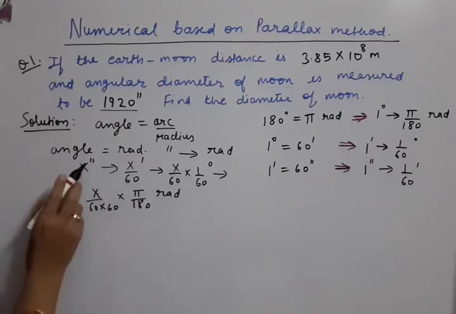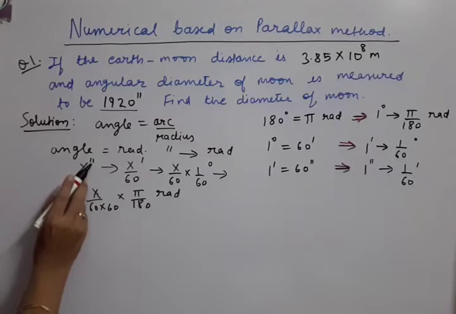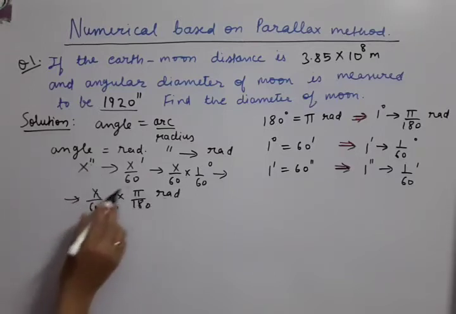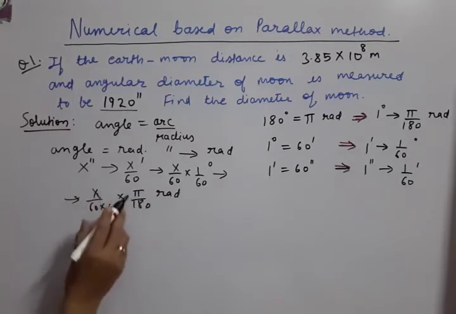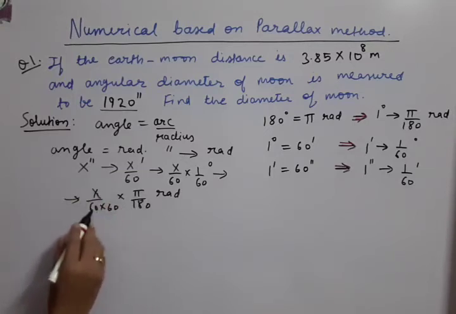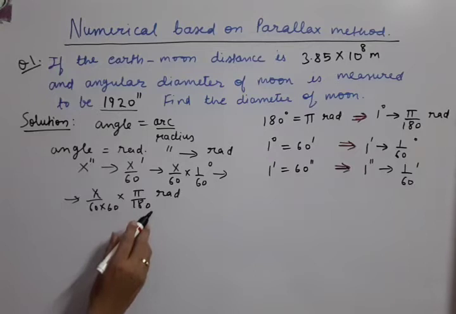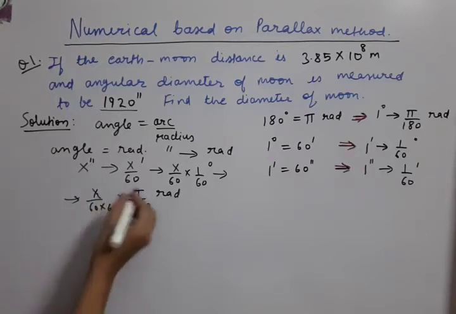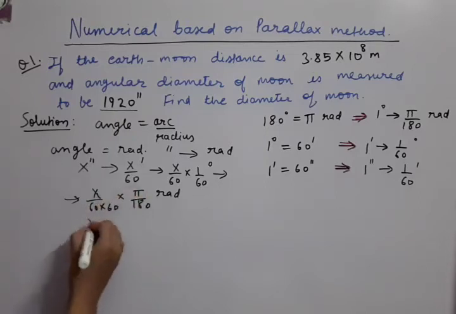So you see, if an x which is in seconds has to be converted to radian, then we have to do this much multiplication: pi upon 60 into 60 into 180. Now there is no need to do this big calculation because we have already multiplied it, and you remember this term.